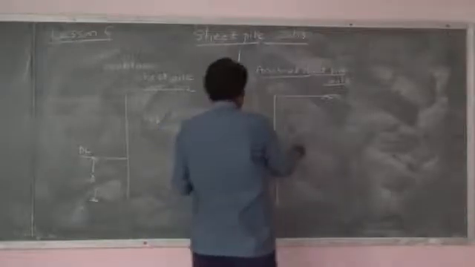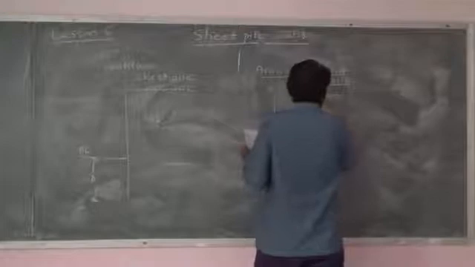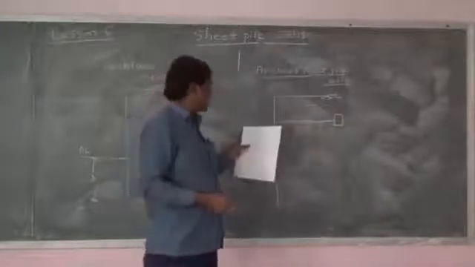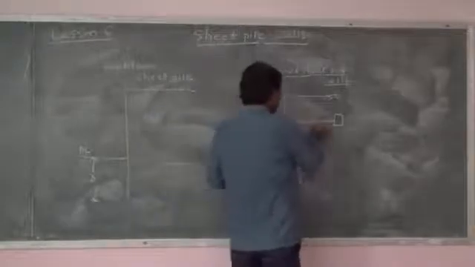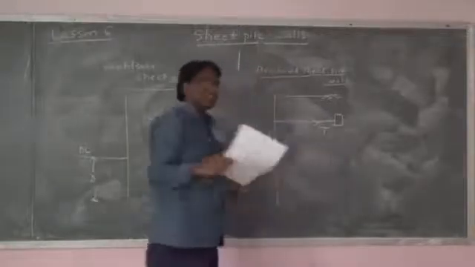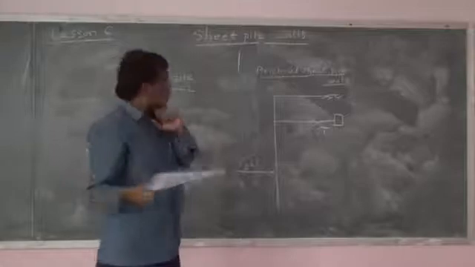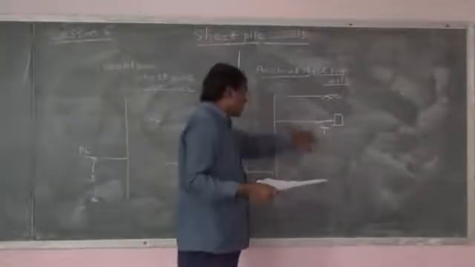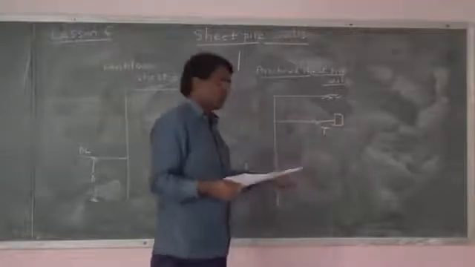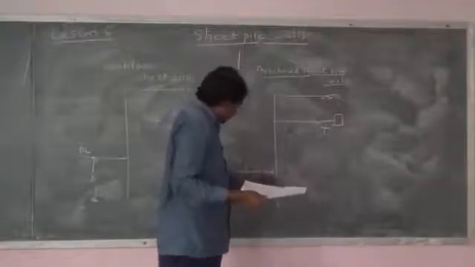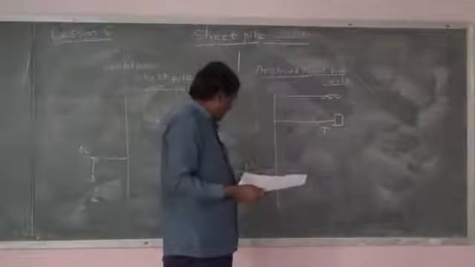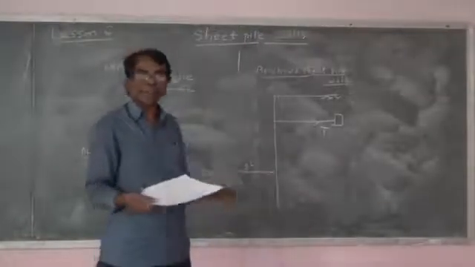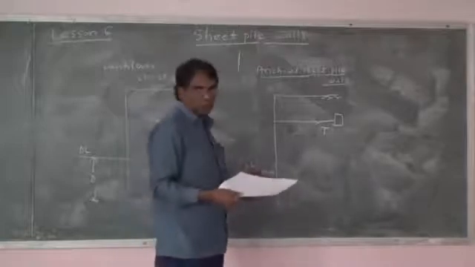To reduce this depth, anchors are provided in series, and these anchors act like this, with tension in them. How to find all these tensions, we will learn in the numericals. Because these anchors are giving stability to the soil, the whole pressure would come here, and this depth is going to reduce.